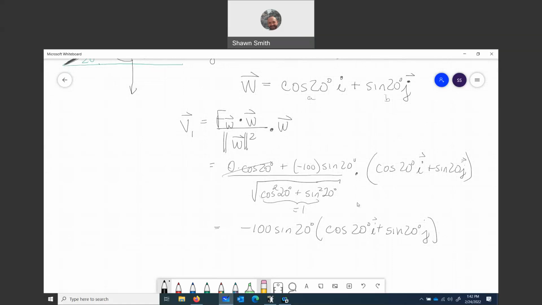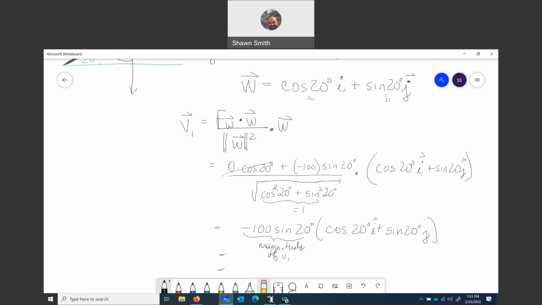So let's figure out what negative 100 sine of 20 degrees is, that's going to be our magnitude, right? Remember, it was the magnitude of the vector times cosine of the angle I plus sine of the angle J, right? So this is our magnitude of V1.